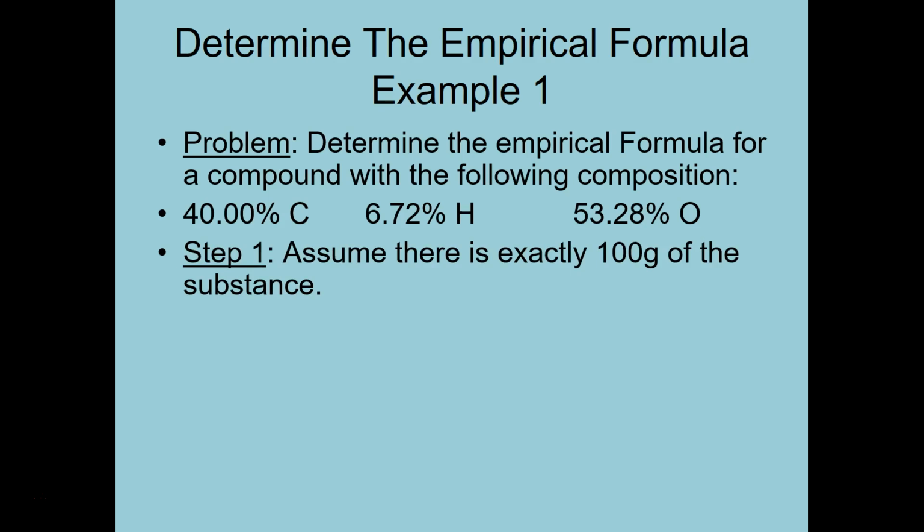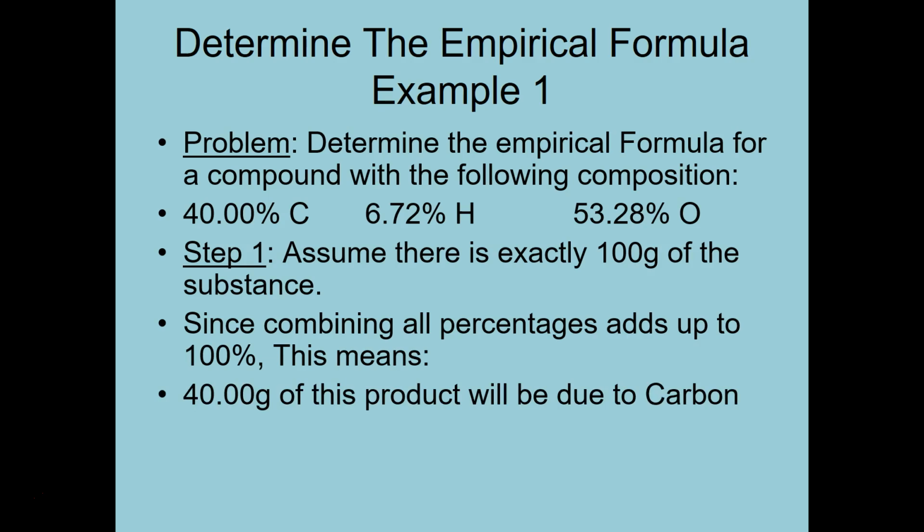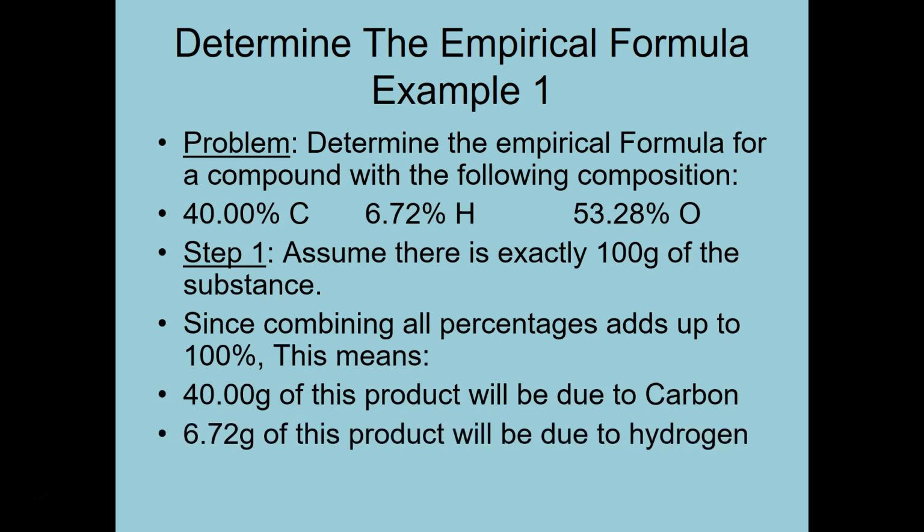So step 1, we're just going to assume there is exactly 100 grams of the substance. Since combining all percentages adds up to 100%, this means we have 40 grams of carbon, 6.72 grams of hydrogen, and 53.28 grams of oxygen.